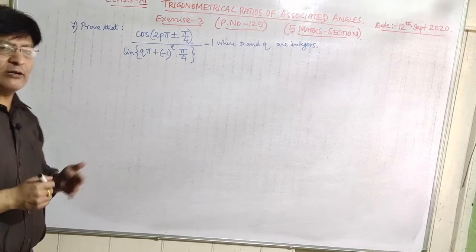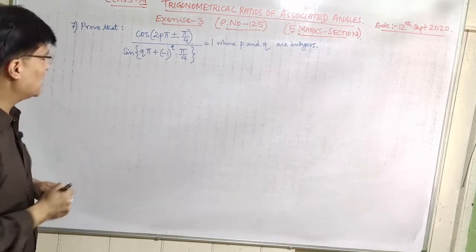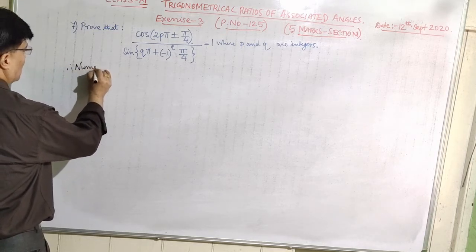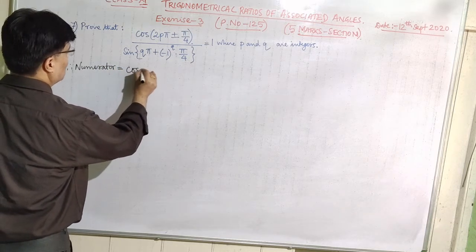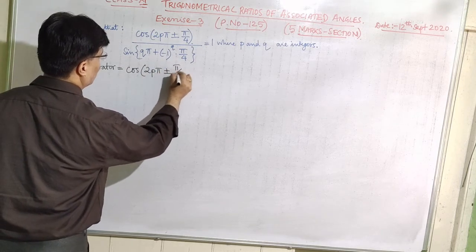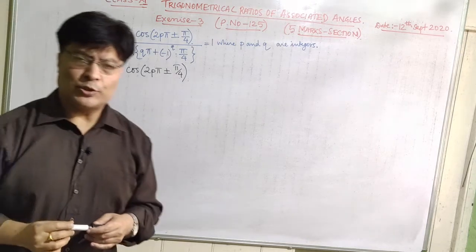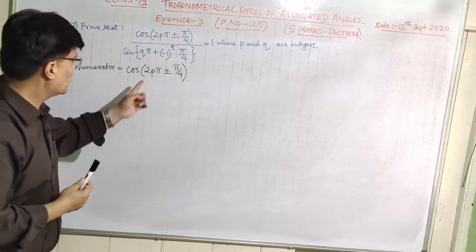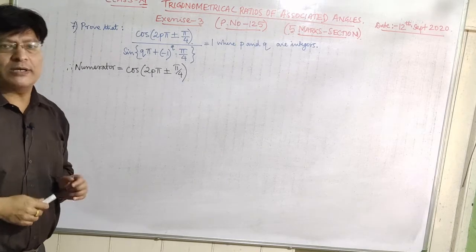So in order to find out the value of the left hand side, let us first find out the value of the numerator. So let us write down the numerator now. Here numerator is equal to cos 2p pi plus minus pi by 4. Okay, so let us find out the value of this expression. So here what is p? P is an integer. It may be even integer, it may be odd integer.